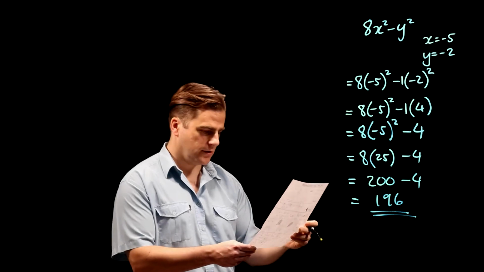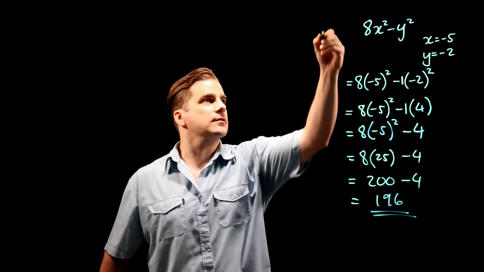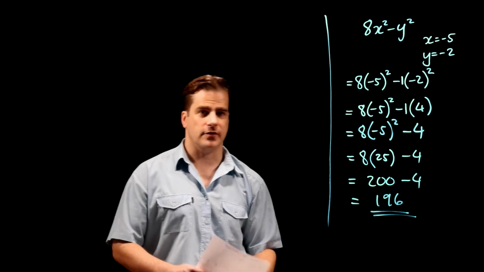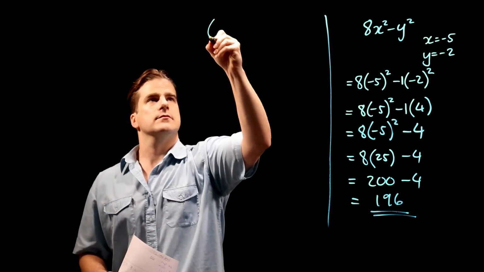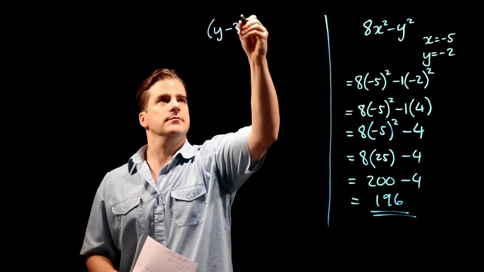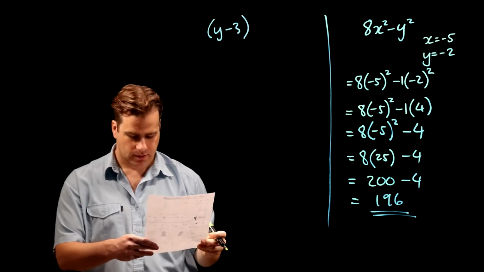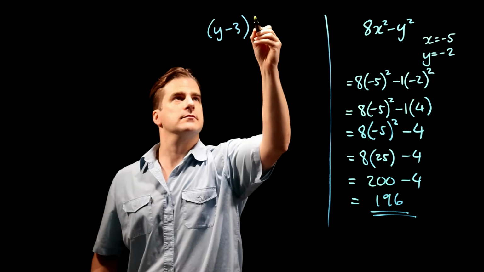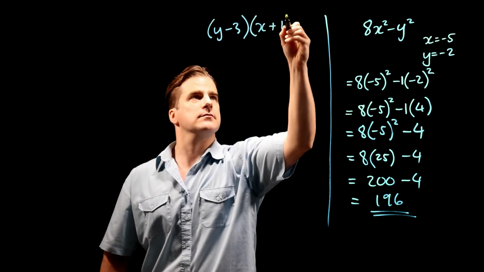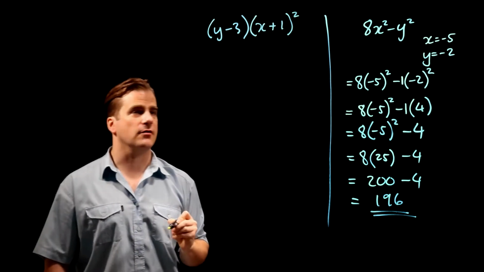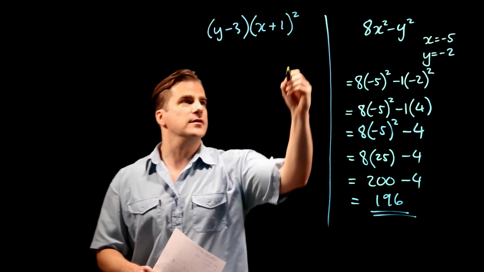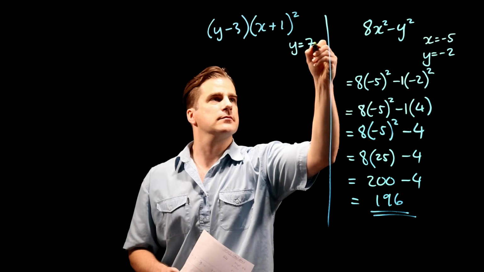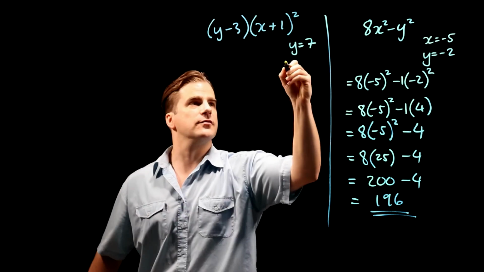Good. And the last one. I think this video is long enough. Let's do (y minus 3) times (x plus 1) all squared. All right, and let's evaluate that one. y is 7 and x is -4.